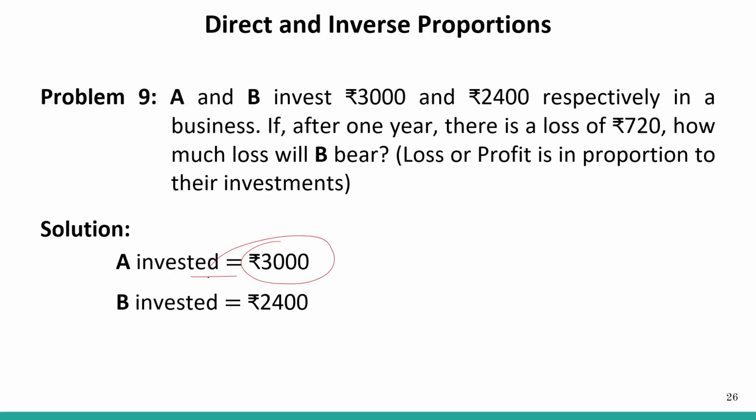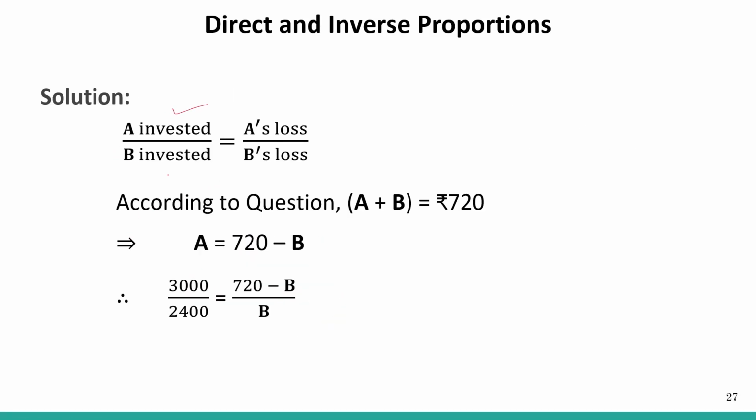So A invested how much? 3000. B invested 2400, right? So A invested by B invested is equal to A's loss by B's loss because they are proportionate. So according to the question, A plus B is equal to 720 is given to us. So A is equal to 720 minus B. So basically 3000 by 2400 is equal to 720 minus B by B, right?